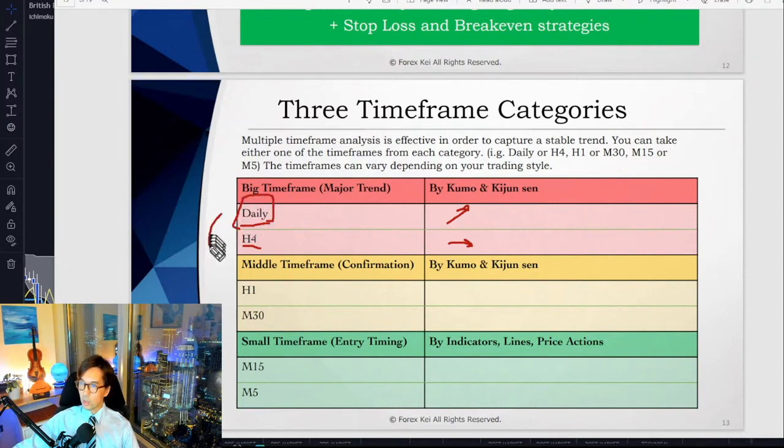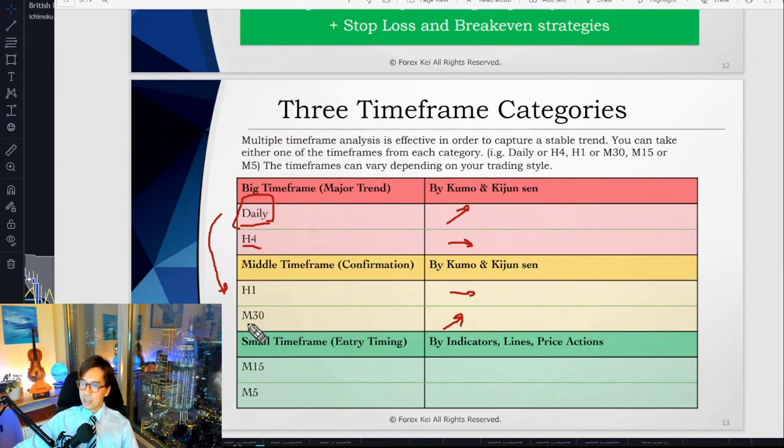and go down to what I call middle time frames, which for me are the 1-hour and 30-minute charts. I see if either the 1-hour or the 30-minute chart is also uptrending. It's either one, not both. Let's say I found the 30-minute chart to be up, or the 1-hour to be flat.